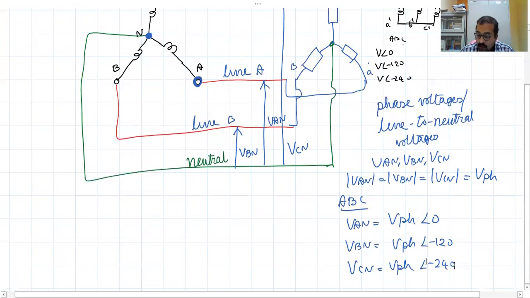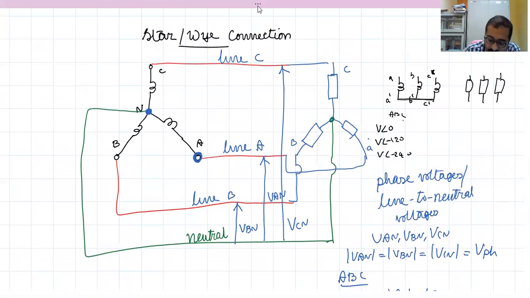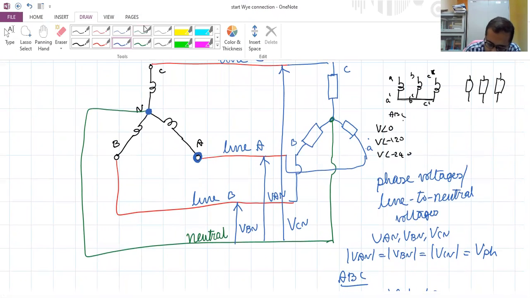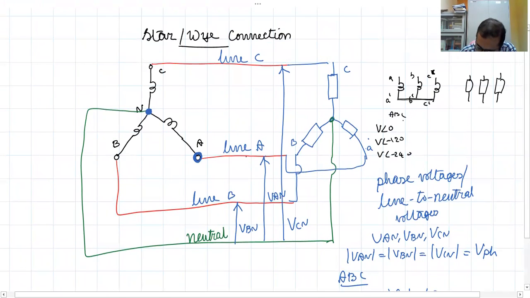Okay, now in addition to this, you can take the voltage between any two lines. Say for example, between lines A and B. Okay, this is line A and this is line B. So I can write this as VAB.